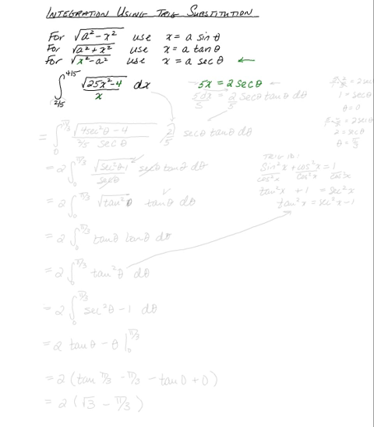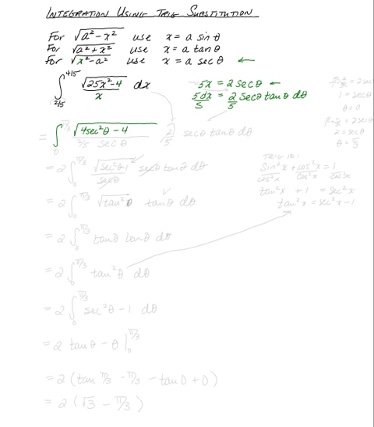Now when I calculate the dx, my 5 dx would be 2 times the derivative of secant of theta, which is secant of theta, tangent of theta, d theta. So I divide by 5 to get the dx by itself. Now we're ready to substitute in. We'd have the integral of the square root of 25x squared, which is 4 secant squared theta when I square both sides, minus 4.